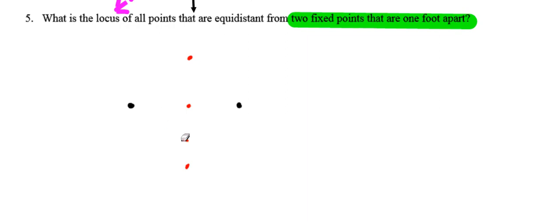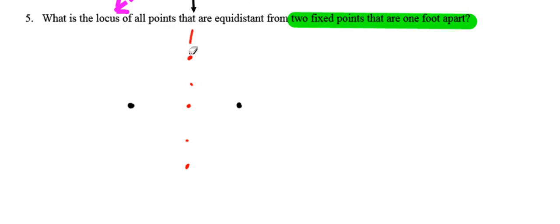This guy, equidistant. This guy, equidistant. I might be tempted to go put one up there where I put the blue one, but this blue one is closer to the black dot on the left than the black dot on the right. He's not equidistant, so he can't be part of our locus.